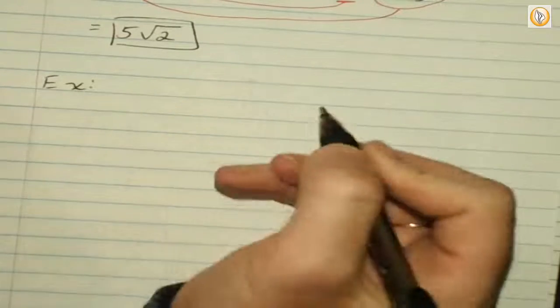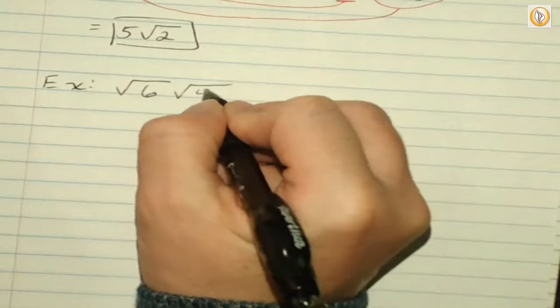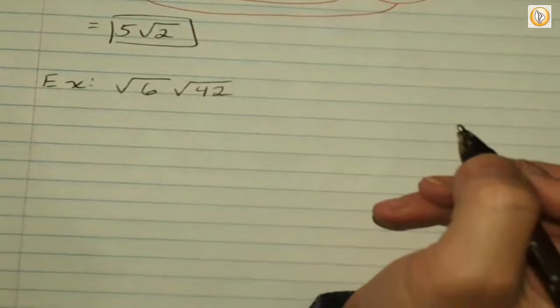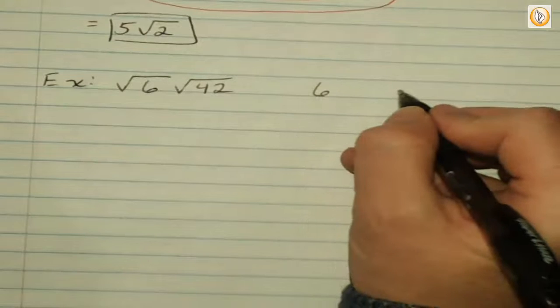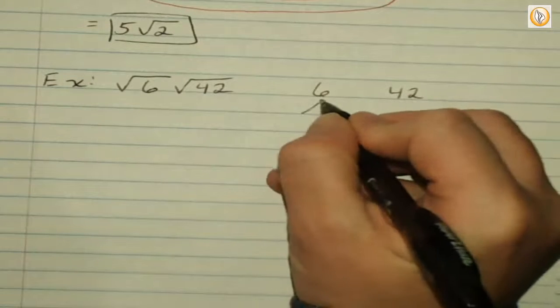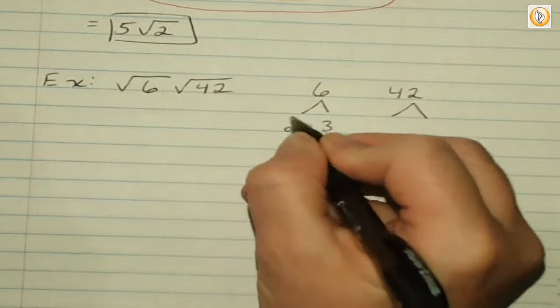Last multiplication one. Square root of 6 times square root of 42. All right, do my factor tree. This one is 2 times 3.